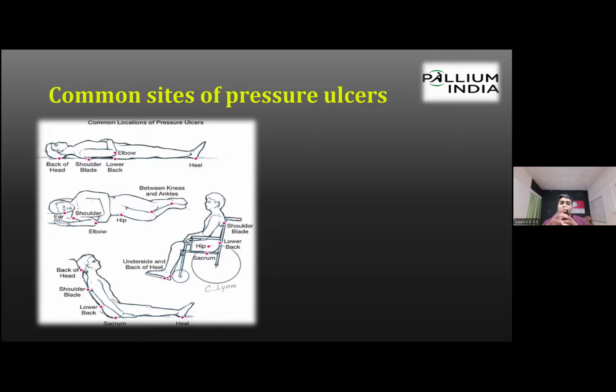So the wheelchair bound stage is also a risk factor. Those points are already marked in the diagram. So these are the areas with more pressure prone points.